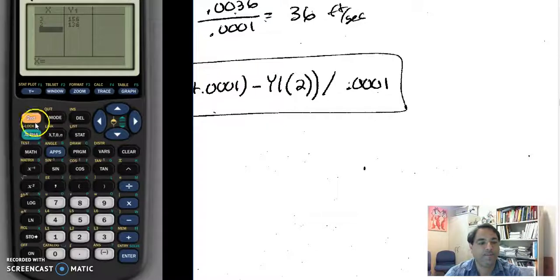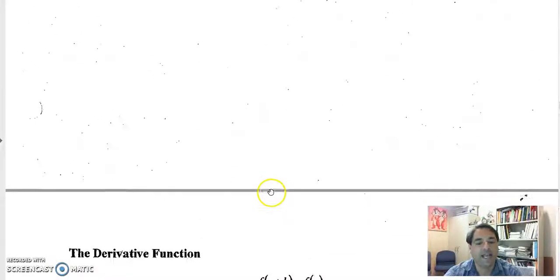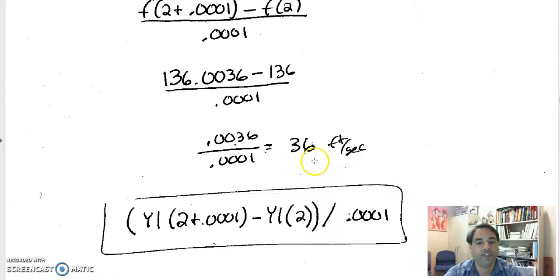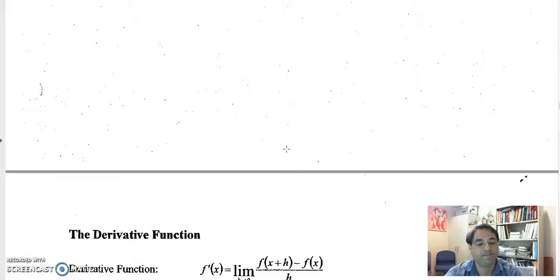So if I went to the calculator, second mode, clear what I have, parenthesis, vars, y vars, function, y1, it would be 2 plus 0.0001, parenthesis, minus vars, function, y1, 2, close parenthesis, divided by 0.0001, and we get about 36. So we can say at 2 seconds, it's increasing 36 feet per second. If we froze time right there, that's what it would be.